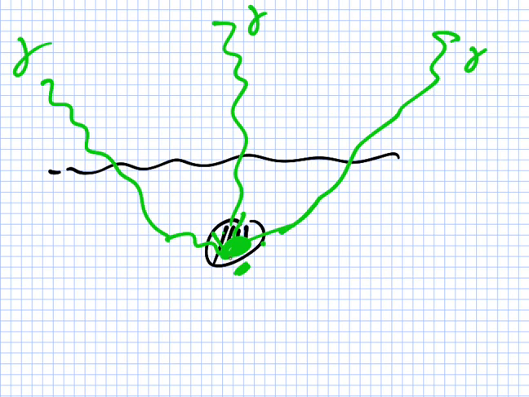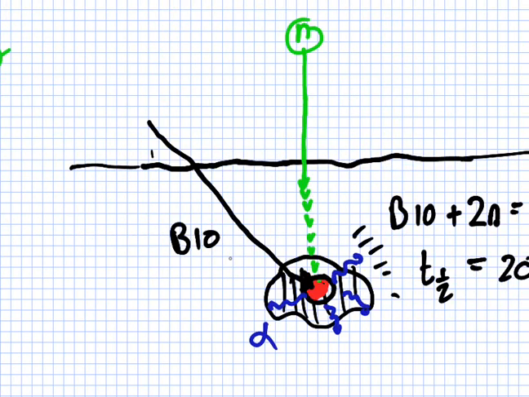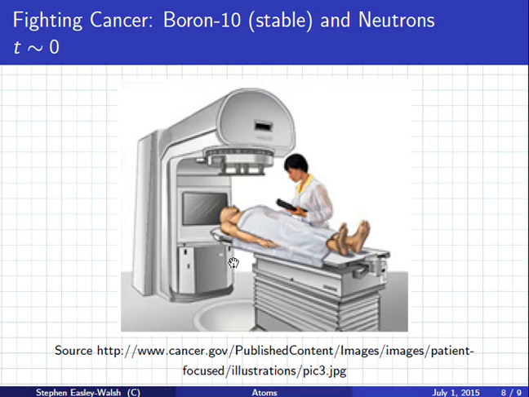You know what I'm saying? Anyway, all I want you to say for this one is that something like boron 10 and neutrons together can be used to kill bad cells. What I really like about this is that the half-life is nearly 0, so it very quickly decays and disappears.